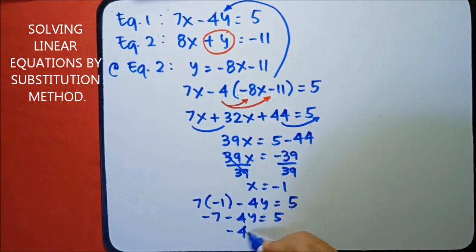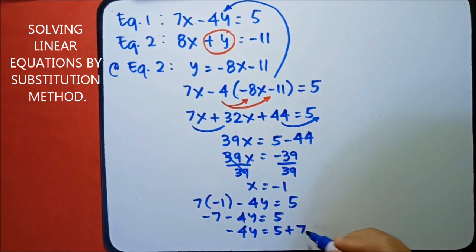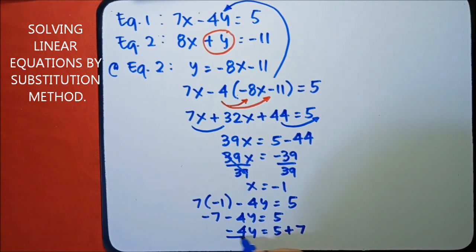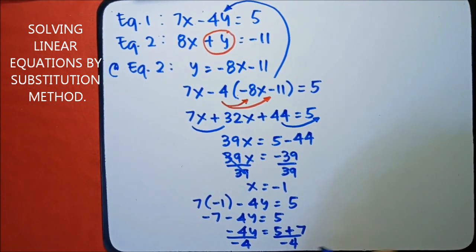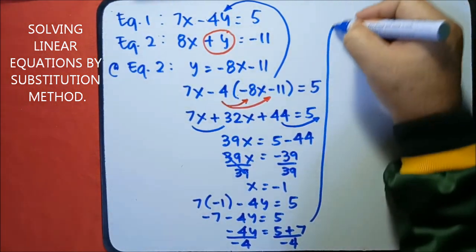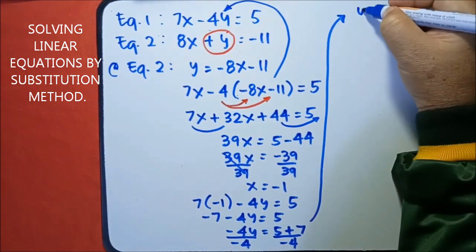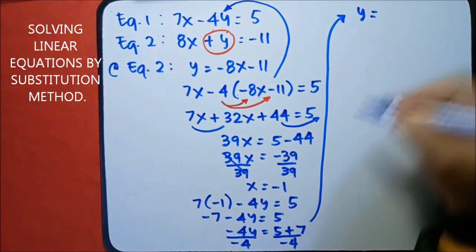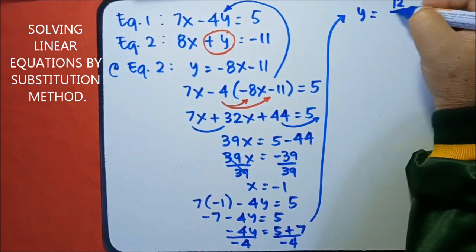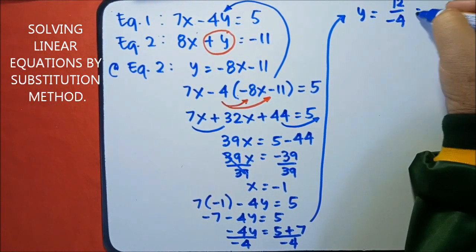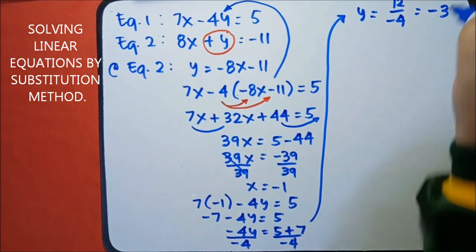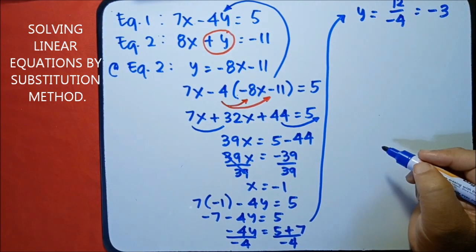So, transpose negative 7 to the other side. This will become 5 plus 7. Then, divide both sides by negative 4. Y will become what? 12 divided by negative 4, or negative 3.